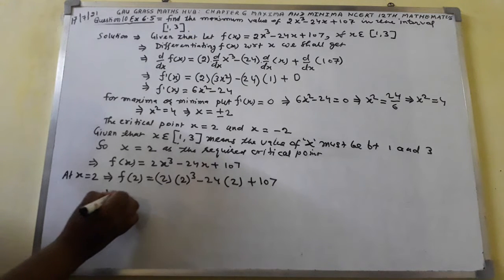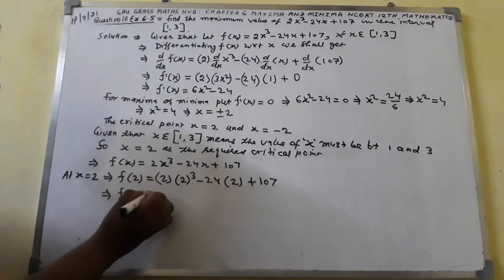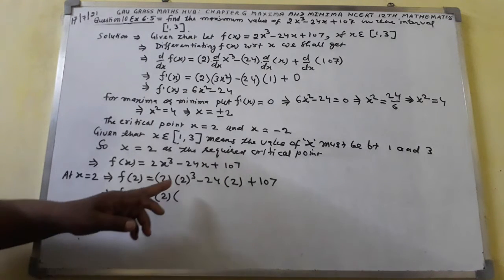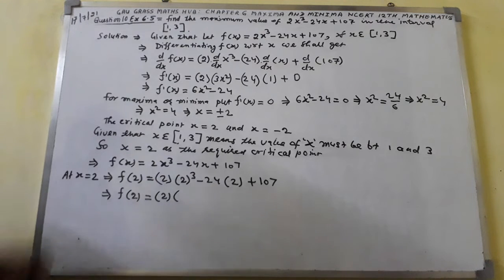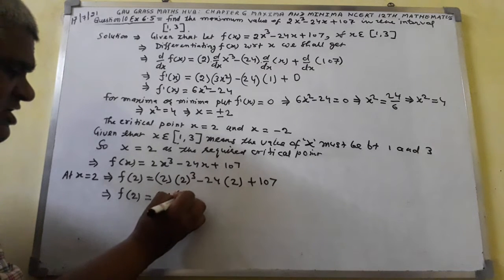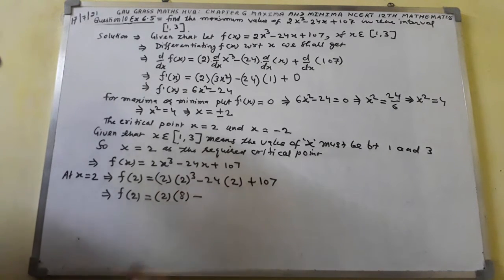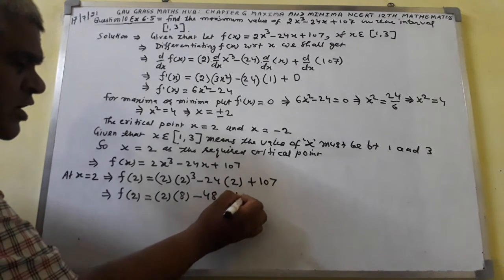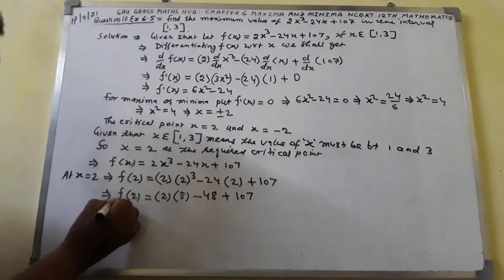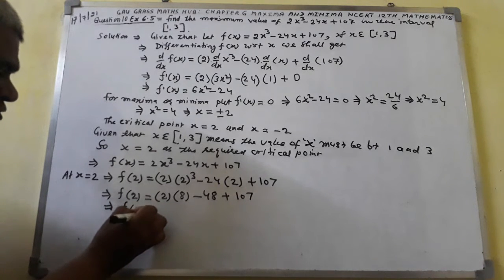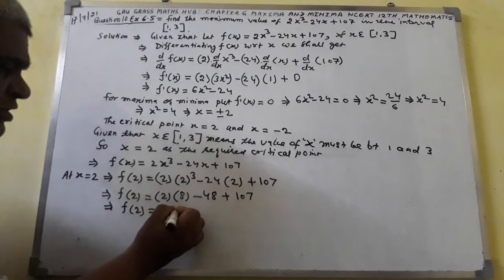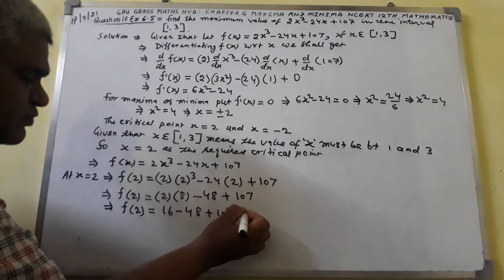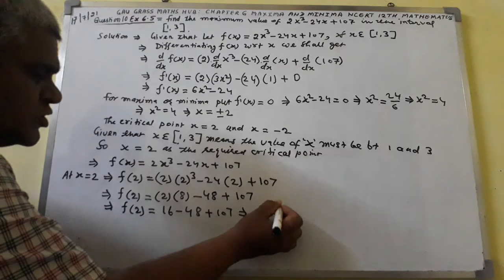Again I shall write, implies that f of 2 equal to, just calculate 2 here, 2 raised to the power 3 comes out to be 8, minus 24 times 2 is 48, plus 107.